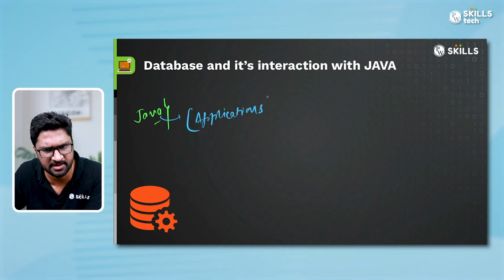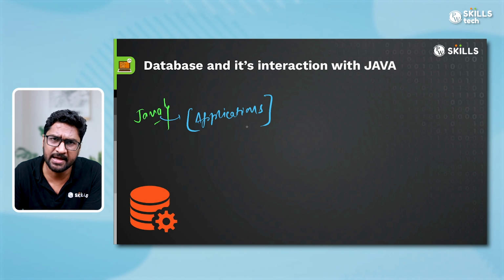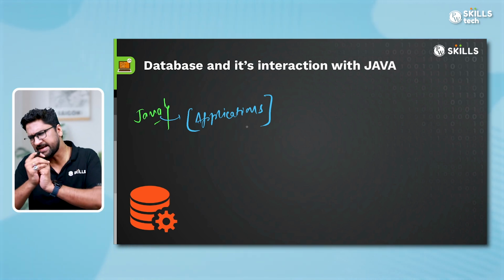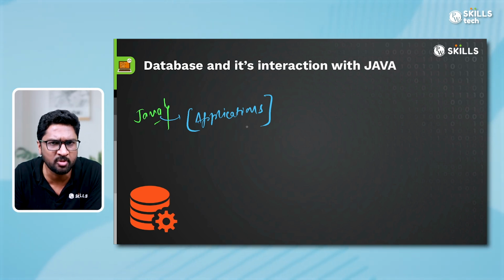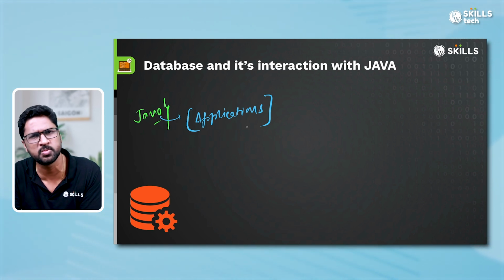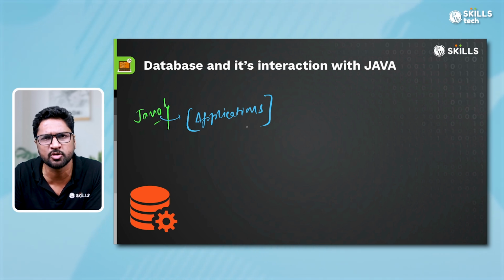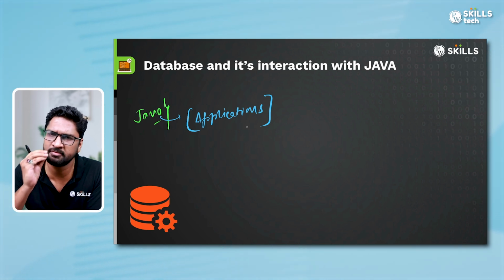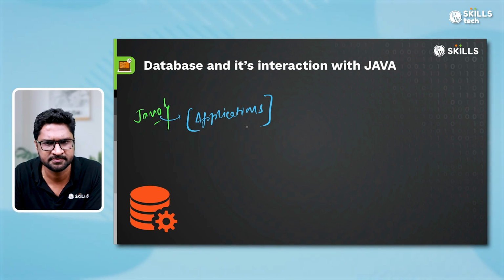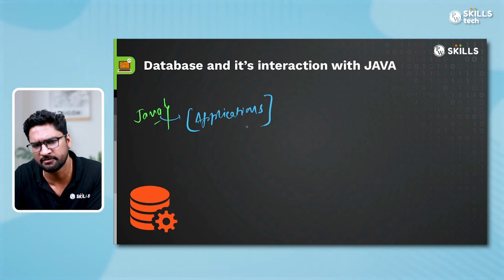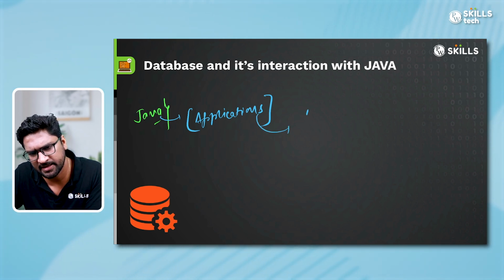And if I talk about applications, any type of application that you would like to build, a small application, a big application, a super big application, at the end of the day, every application needs to store some form of data, some form of information about their customers. And where do we store that data? We need to store this data in databases.